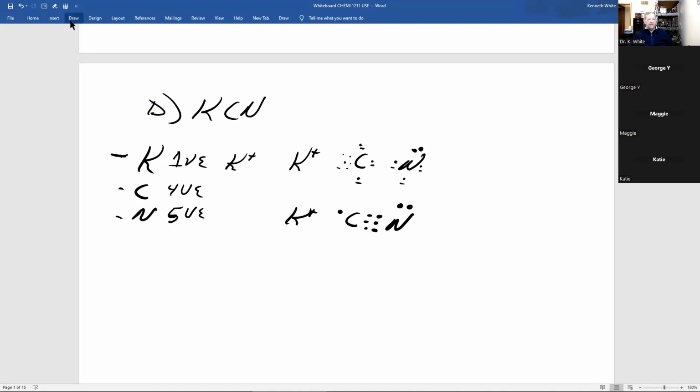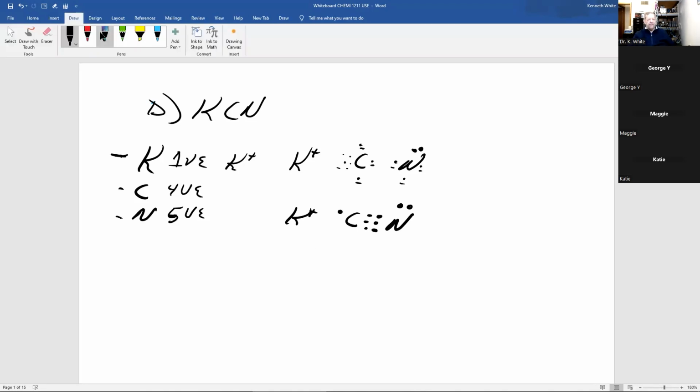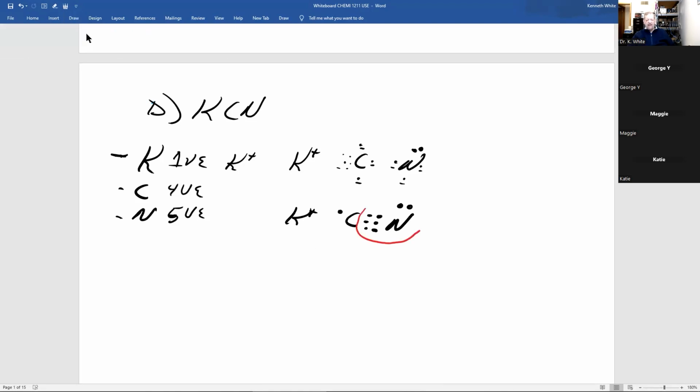Now, if we look at nitrogen, shared and non-shared, I should say bonded, non-bonded electrons, count the dots, 2, 4, 6, 8.